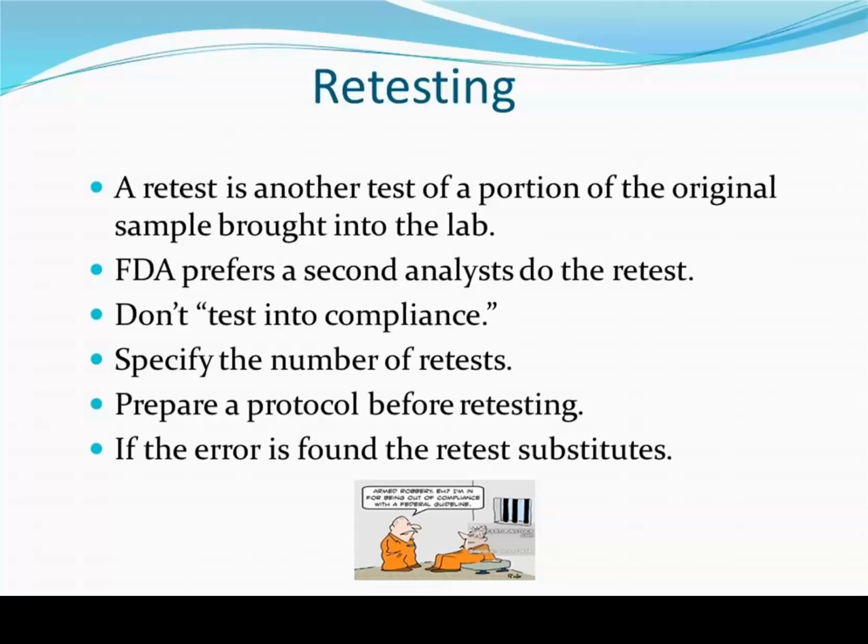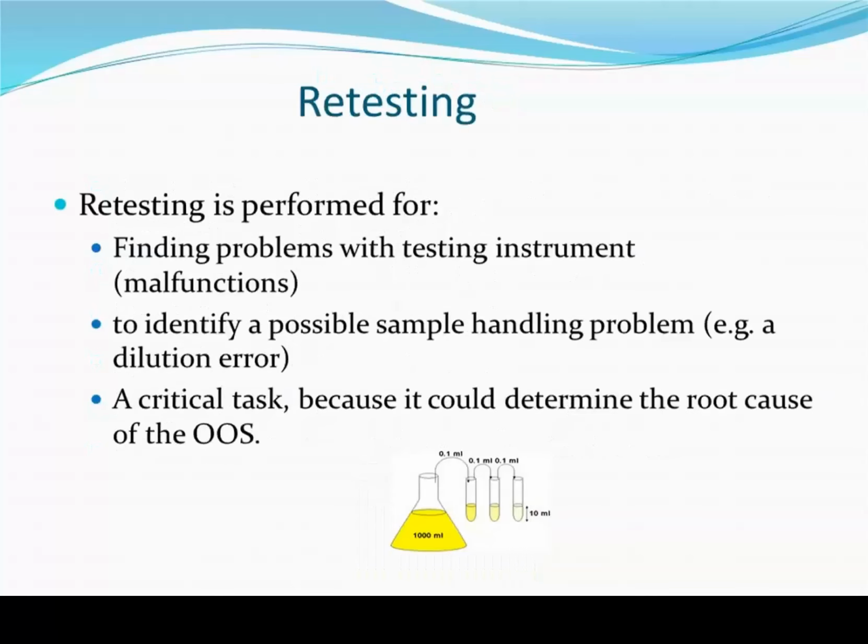You want to specify the number of retests. So if you're going to test it 3 times or 5 times, just make sure there's an endpoint. Don't test into compliance. This is exactly what got Barr Laboratories into trouble. This protocol of testing will be reviewed and signed off by quality so that they are aware of what you're doing.